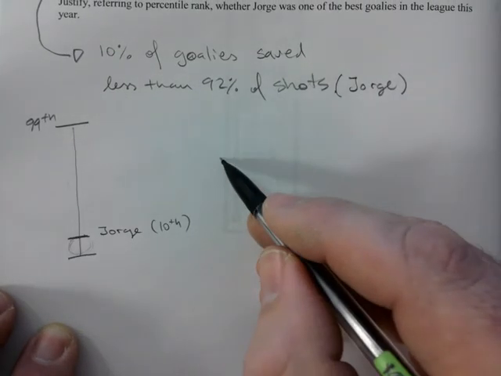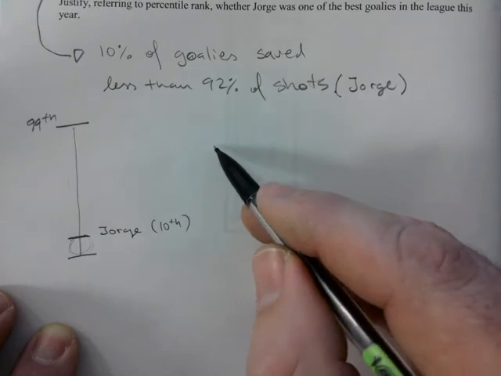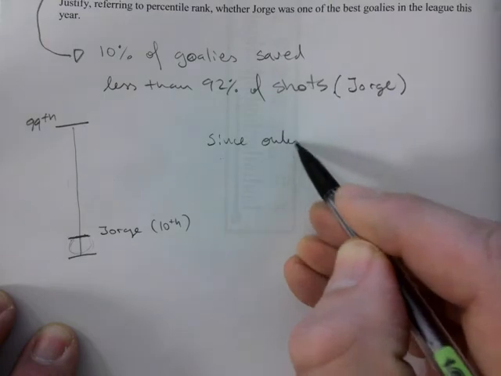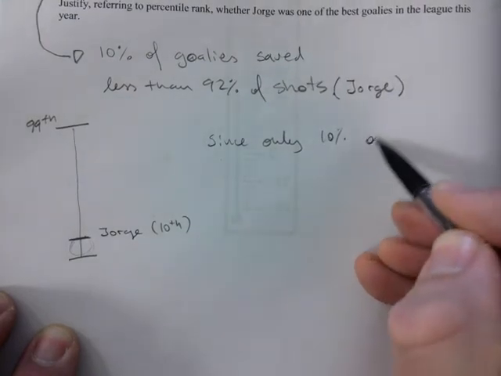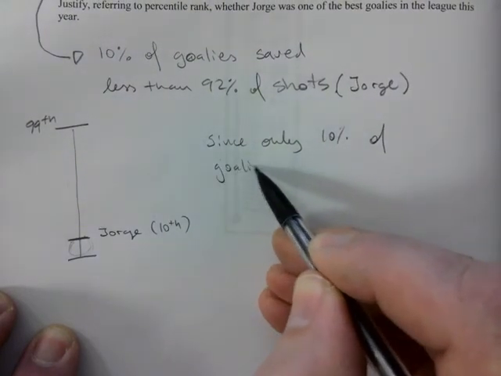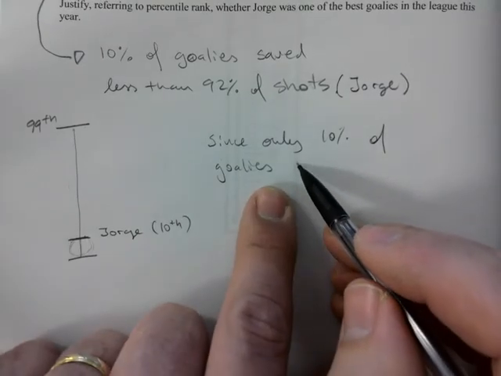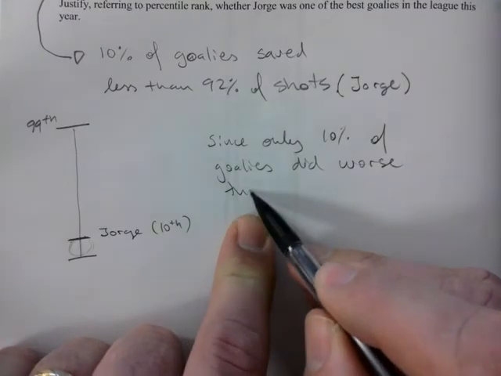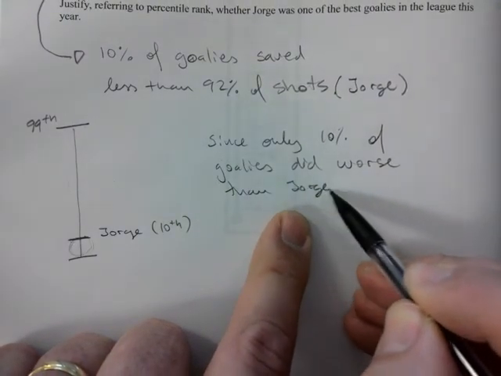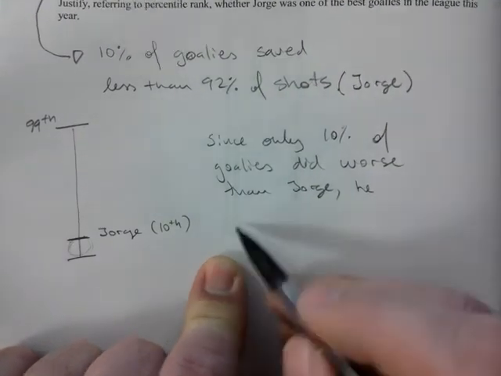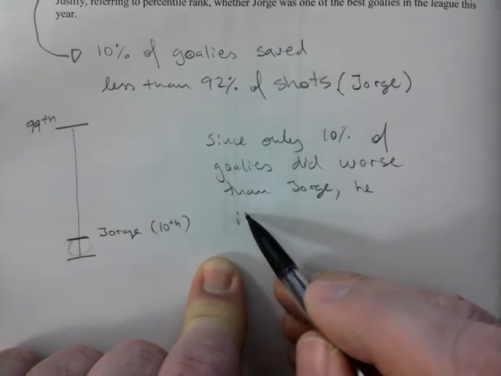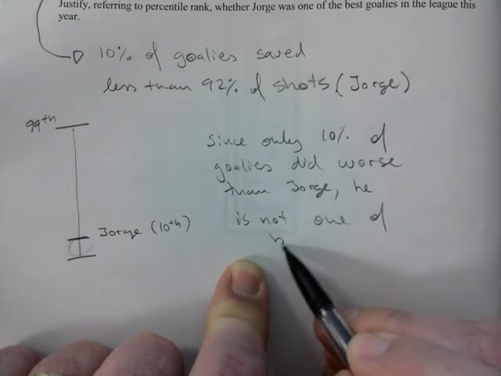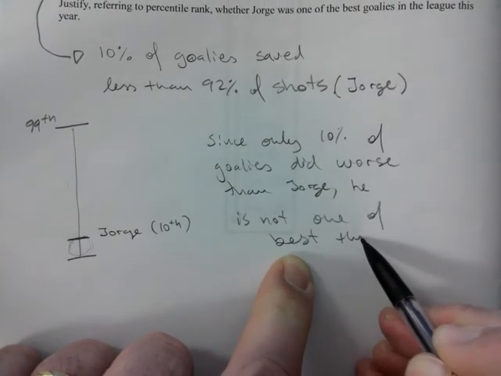So since only 10% of goalies did worse than Jorge, he is not one of the best this year.